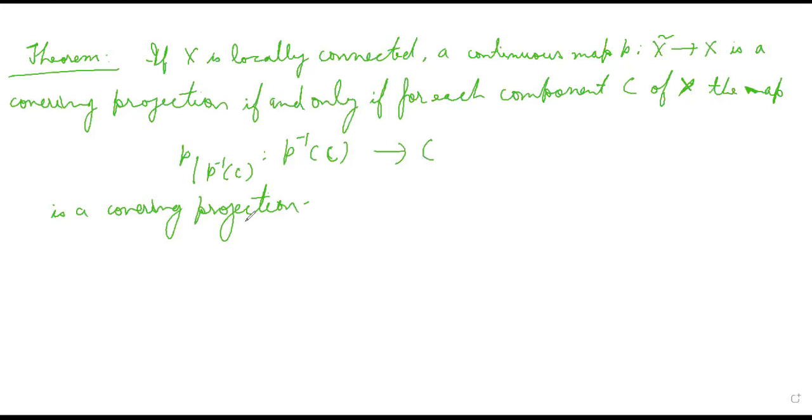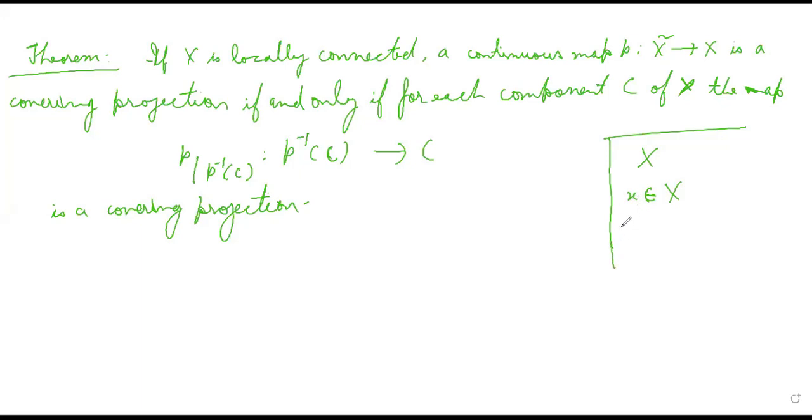so what is a locally connected space? To recall, a space X is called locally connected at a point x in X if every neighborhood of x has a connected neighborhood contained in it.